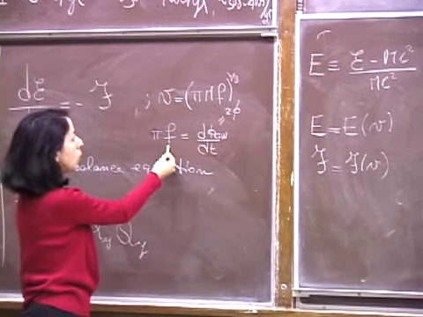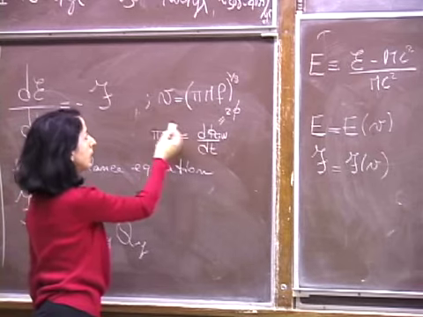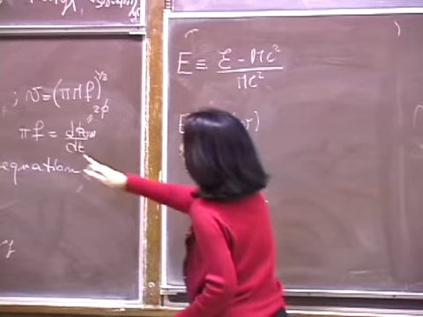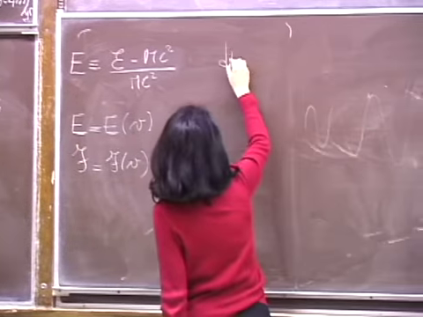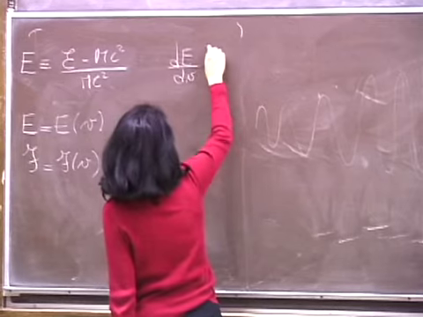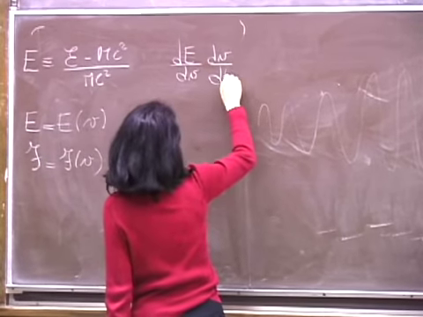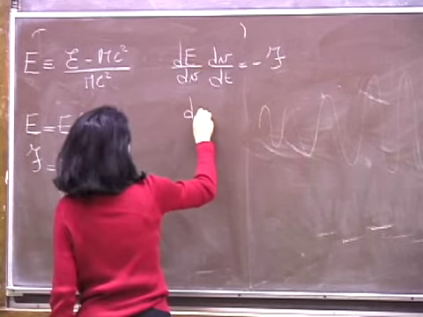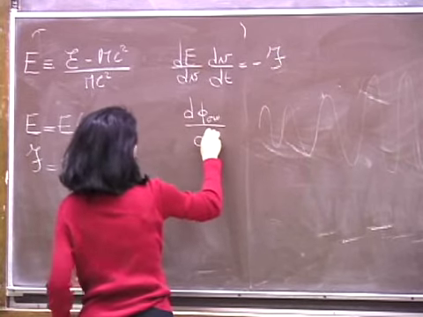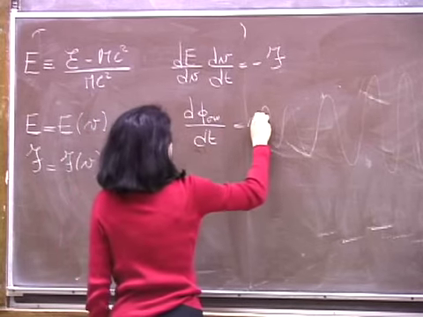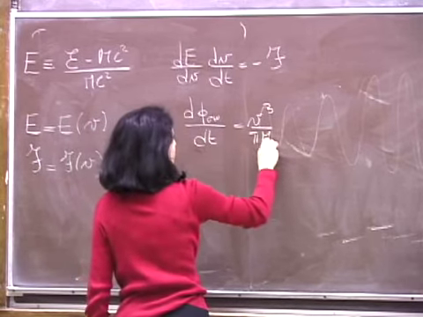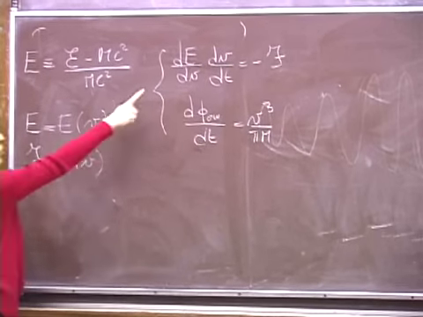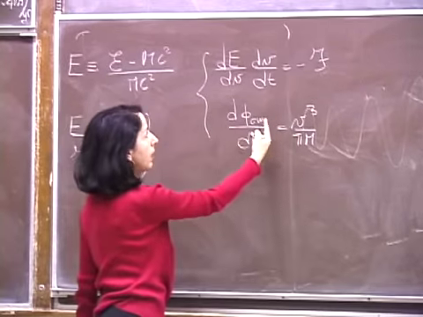You use the relation between v and phi, and at the end you rewrite the equation like d over dv. I'm not going to give you all the details. You rewrite this system as two equations like this, and then you can solve them.